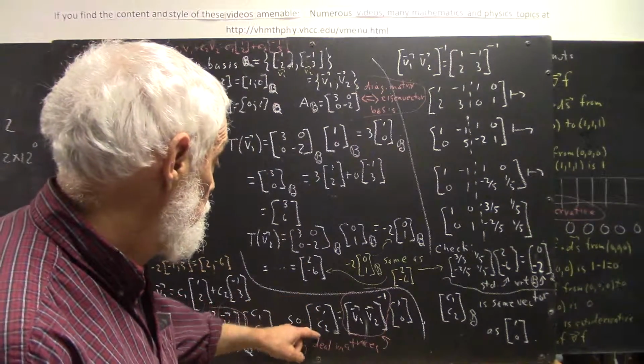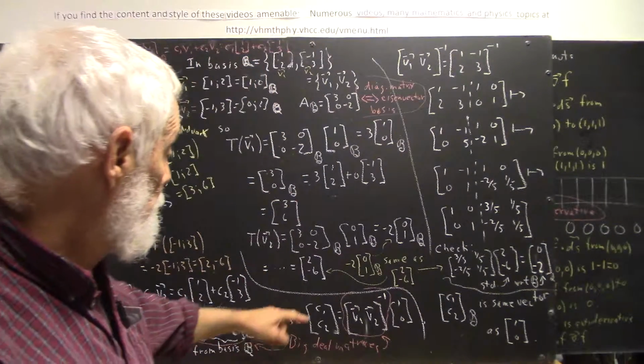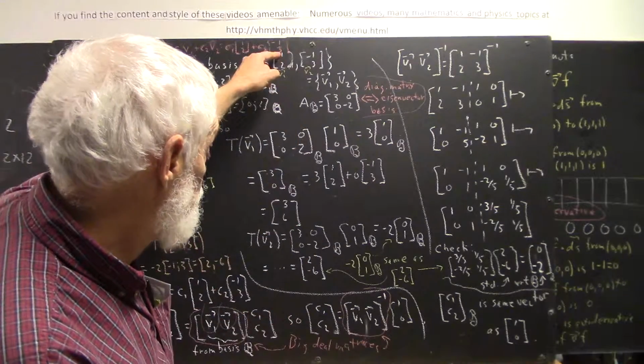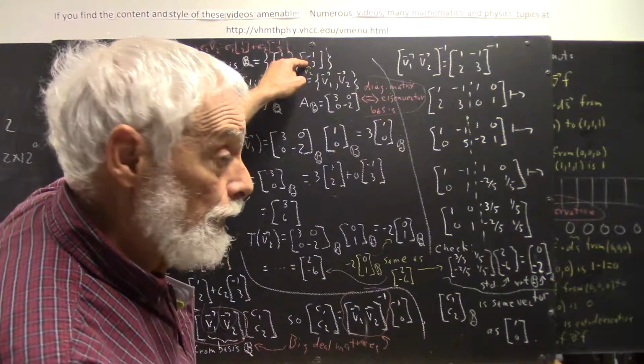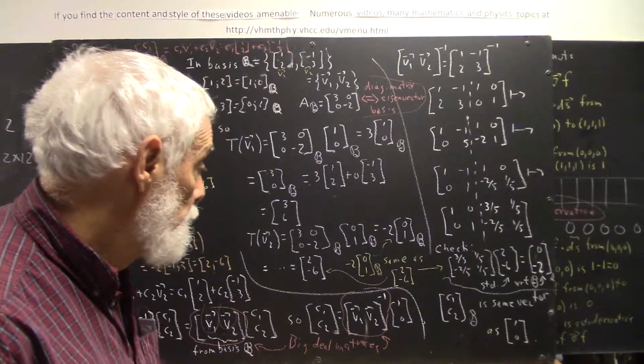Now, C1, C2 relative to this basis means what? Means C1 times the first plus C2 times the second basis vector. So that's just our representation with respect to B.